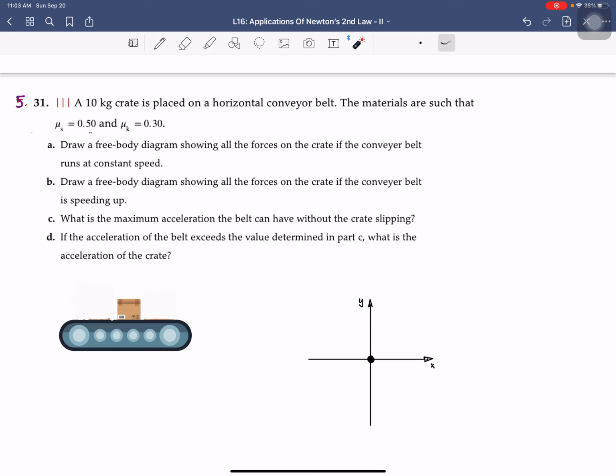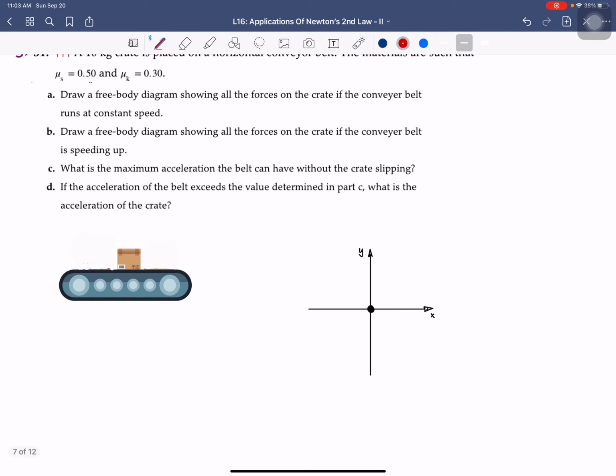And I'll let you handle the first two parts, that's drawing free body diagrams. And I'll start with part C. So I'm going to start off with part C of this problem. And in part C, what is the maximum acceleration the belt can have without the crate slipping?